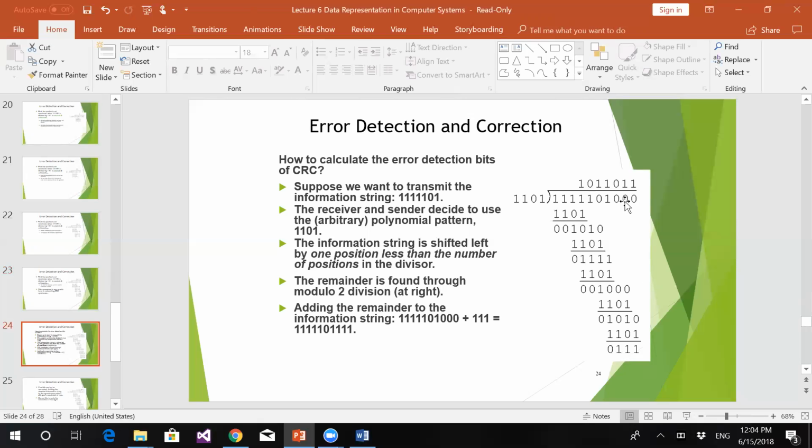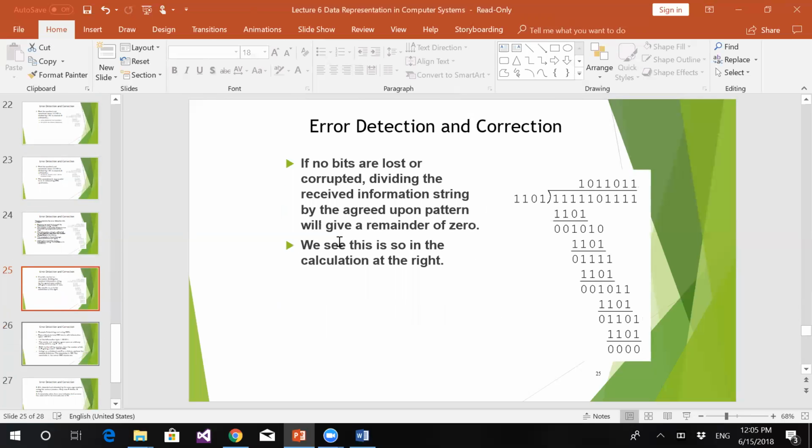In this whole process, we need to care about several issues, the names. So which bits are considered as error detection bits? As the first question. The second question is, what is the number to be transmitted? And the third question is that when the receiver gets the number, what are they going to do?